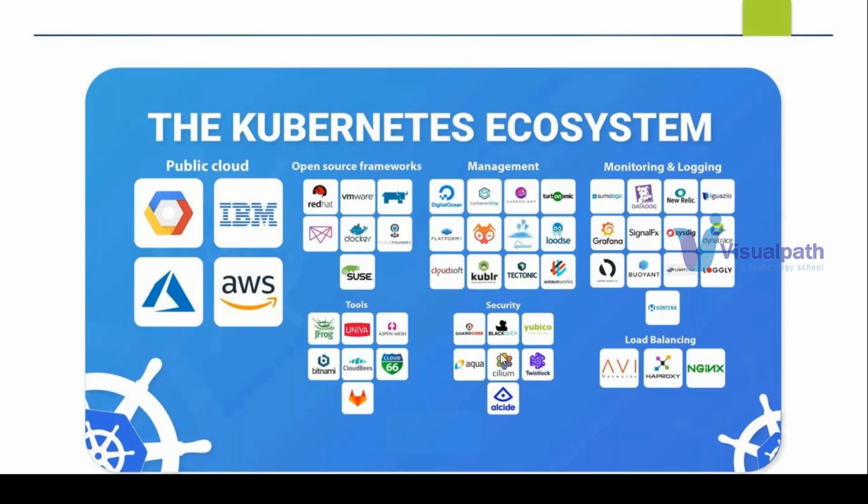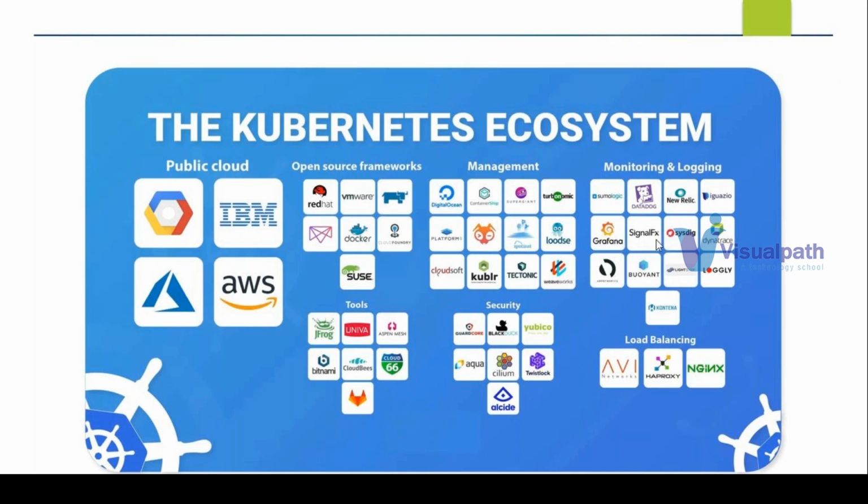Okay, and then something we can integrate with Kubernetes in terms of security, like Black Duck for software composition analysis, Aqua, Twistlock. Then for monitoring and logging, there are a certain set of tools we can apply as part of our Kubernetes integration: Sumo Logic, Datadog, Prometheus, Grafana, AppDynamics.